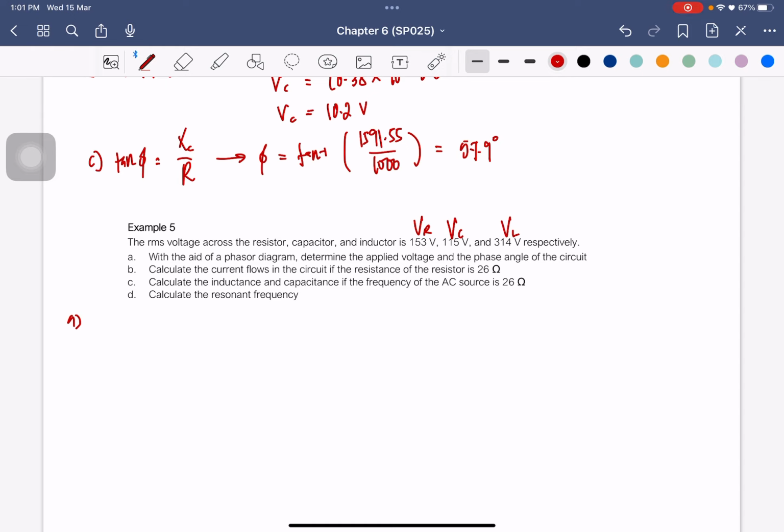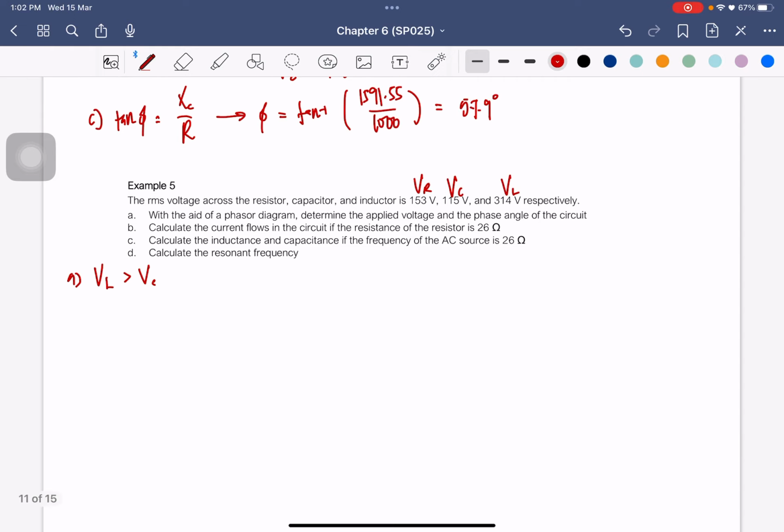So if we look at the question, we know that the voltage across the inductor is greater than the voltage across the capacitor, meaning that our drawing will be more upwards lah. Okay, so dia lagi banyak di atas. So this is VL, this is R, I, and then this is our V. So that is our phasor diagram. Dan sudah, itu je yang kamu perlu lukis.